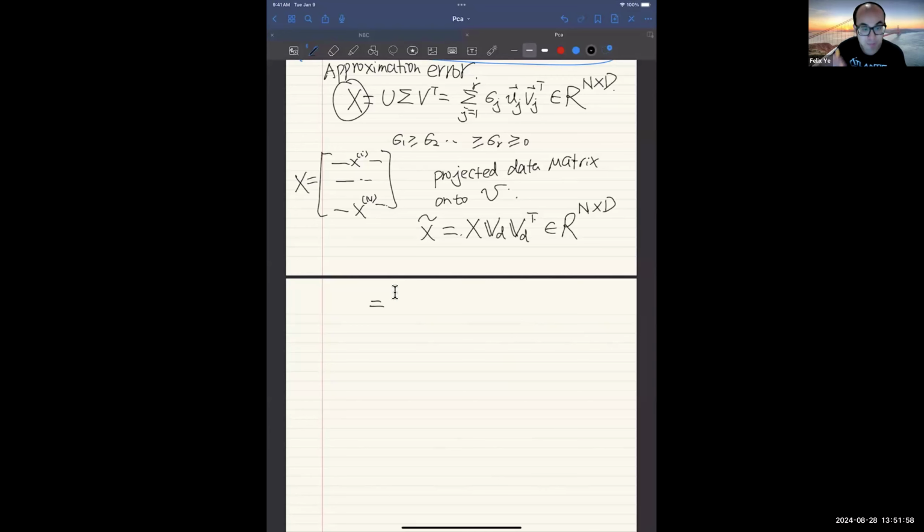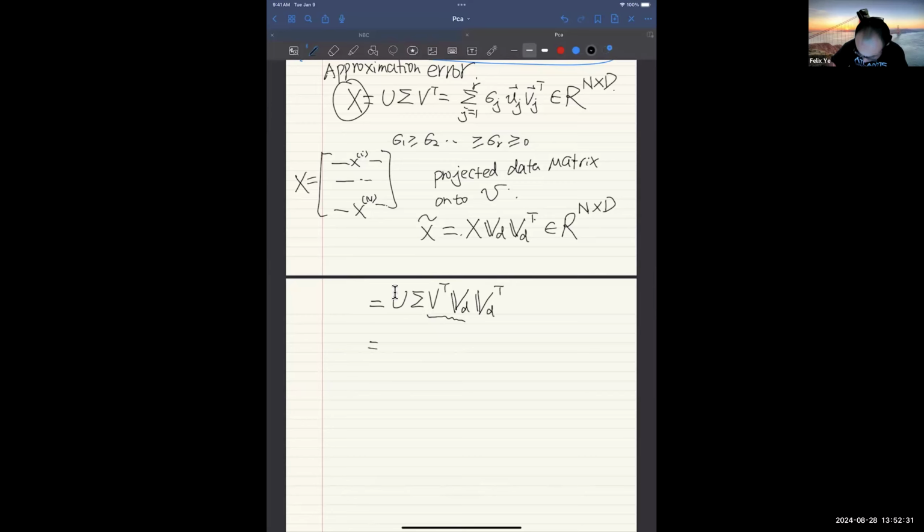If we plug in this U sigma V transpose and VD VD transpose, the first D columns take transpose with VD give me the identity, and everything else gives me 0.